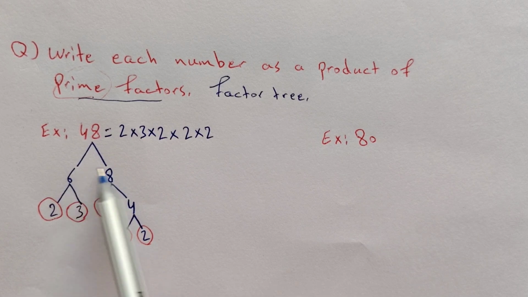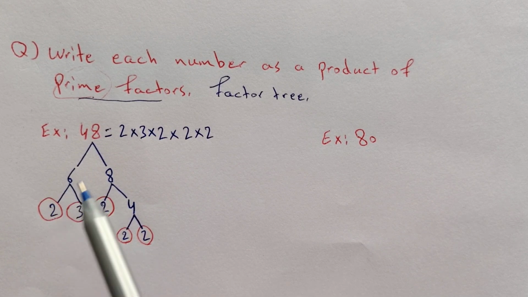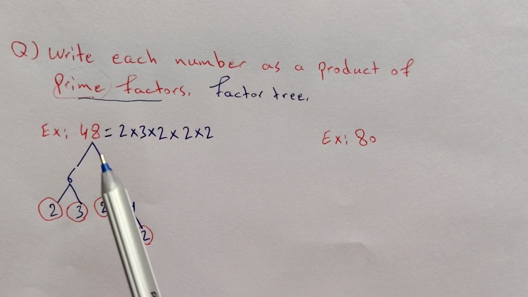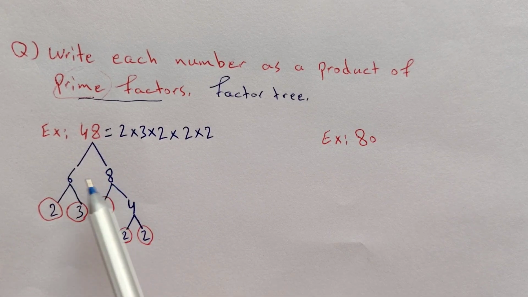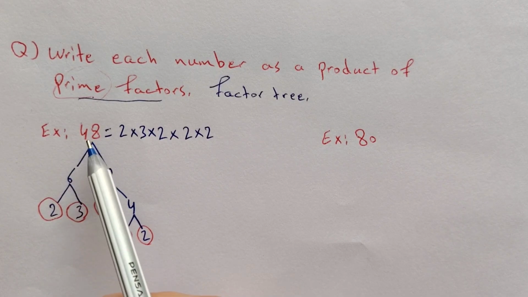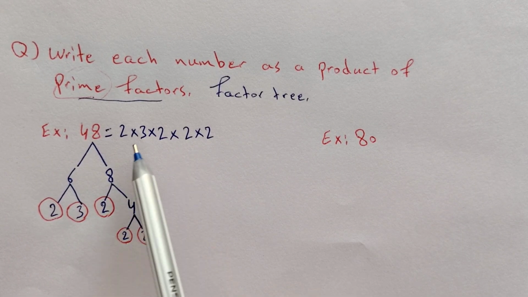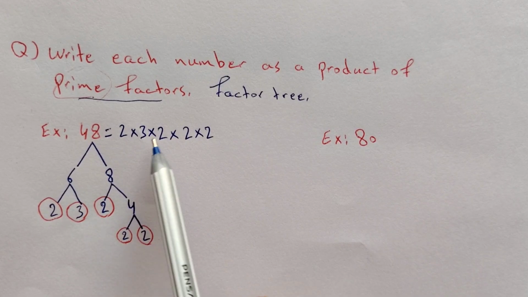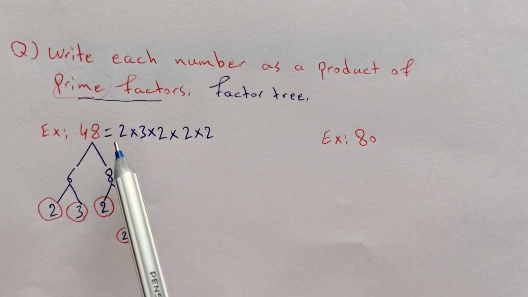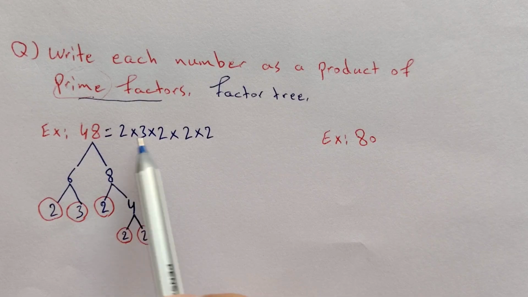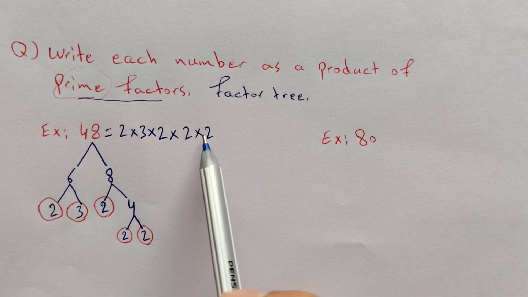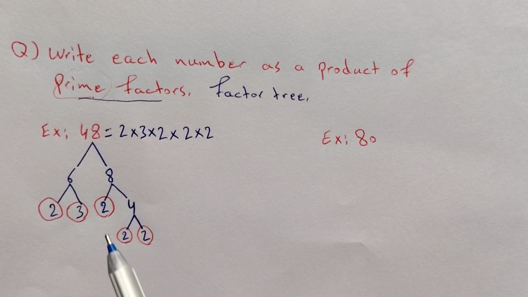For example, you can write 2 times 24, any factors, but as long as when you multiply them, it's equal to the same number. And the order of the factors, it's okay if you write the 3 there and the 2 there, as long as we have 1, 2, 3, 4 2's and 1 3.